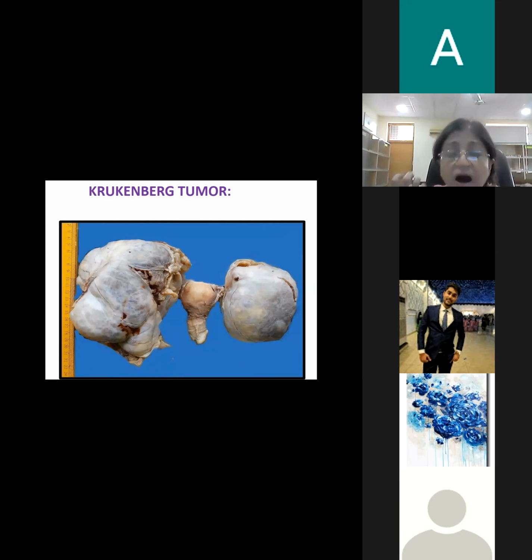They have harbored metastatic deposits from cancer of the stomach or from cancer of the breast, and these are known as Krukenberg. So they are bilateral metastatic deposits to the ovaries.